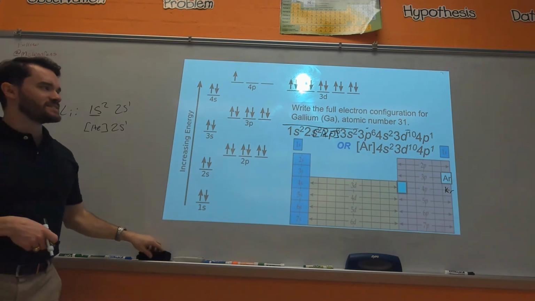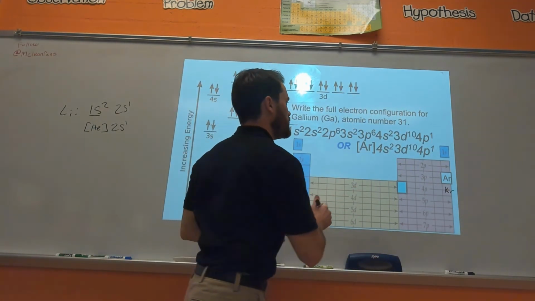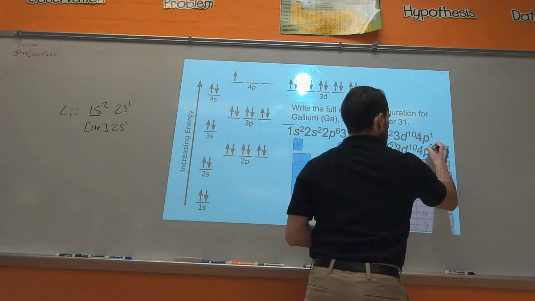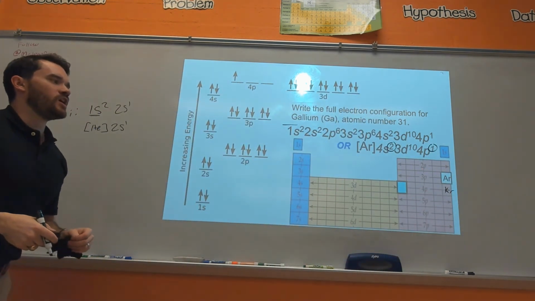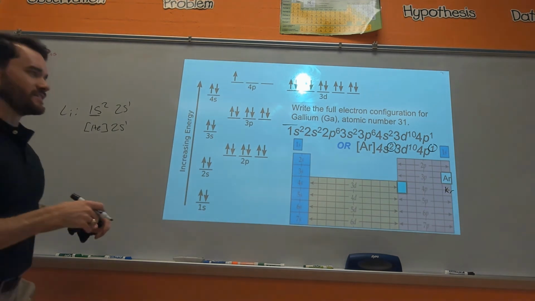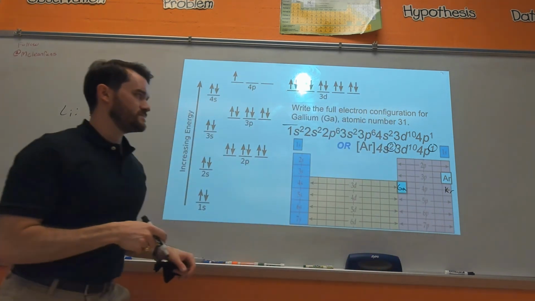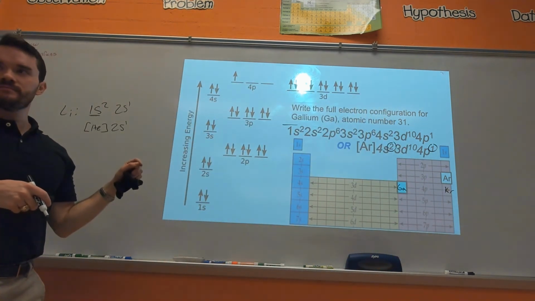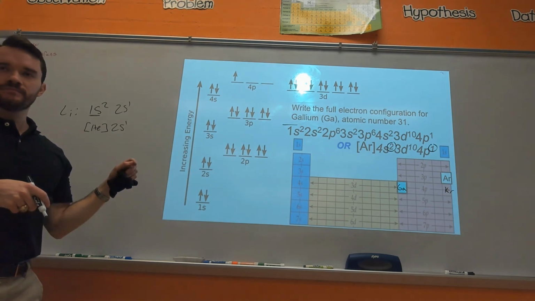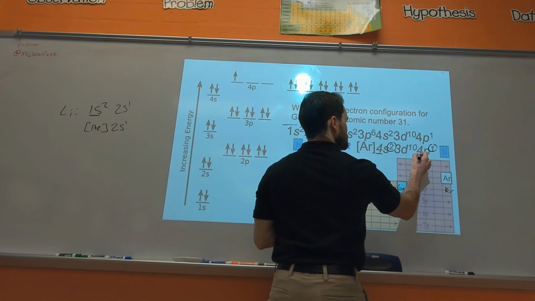Or if I were to go back to argon, the number of valence electrons would be 2 plus 1, which is 3. Wait, this wasn't argon, so this is gallium. I was like, that's not right. Gallium. Okay, it would be 3, because the highest energy level is the 4s.